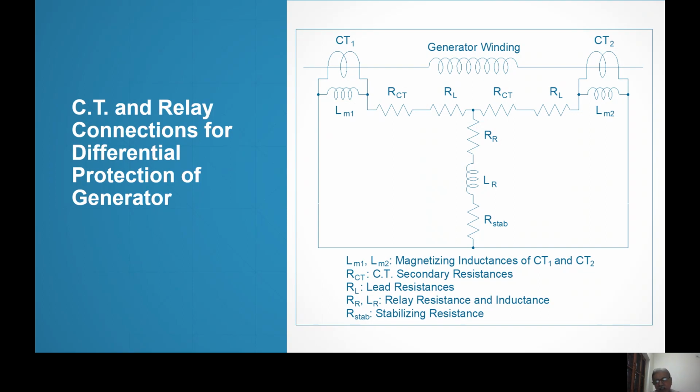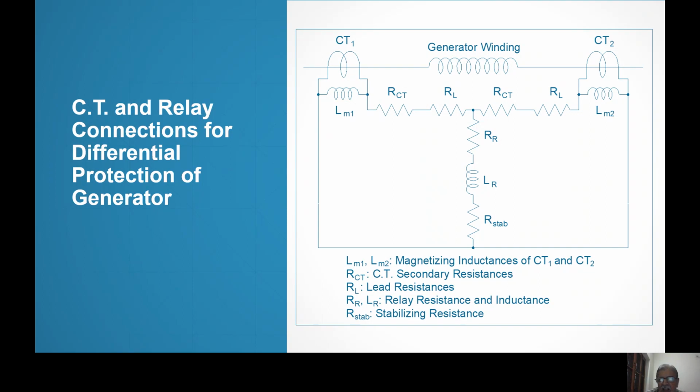RCT is within the CT, but we are showing it in the equivalent circuit outside. RL is the lead resistance, because the CT is near the generator and the relay is in the control room. On the other side also RCT and RL, LM1 and LM2. RR is the relay resistance, LR is the relay inductance, but usually in a high resistance differential scheme, LR is very small with reference to RR and we ignore LR.